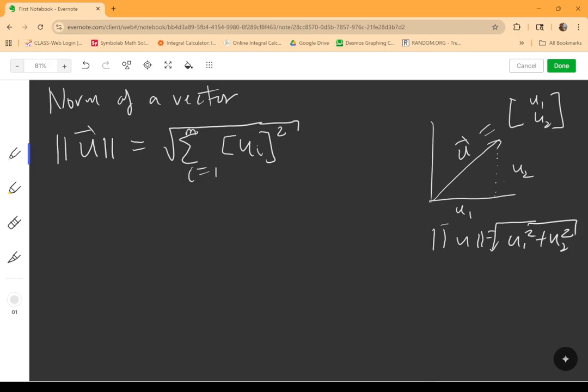Okay, so again, this norm is not just defined for R2, R3 vectors. This vector u can be for any Euclidean n-space. U is just an element of R to the n. And if we notice here, this operation is one that we saw in the previous video.